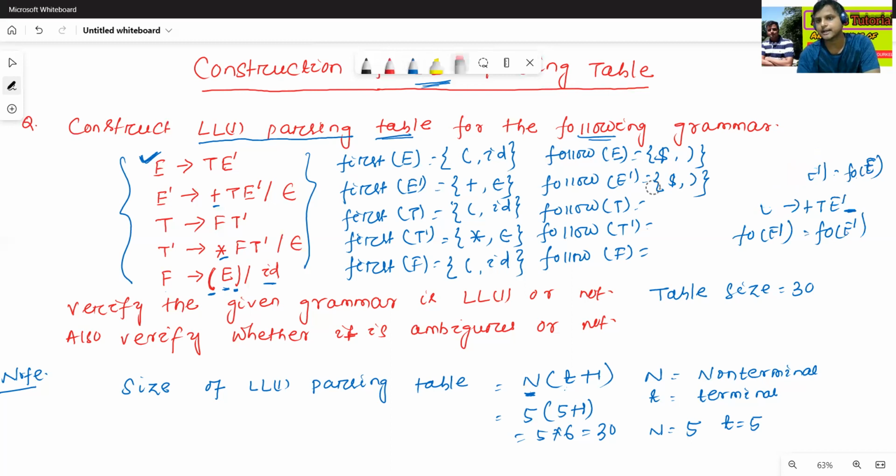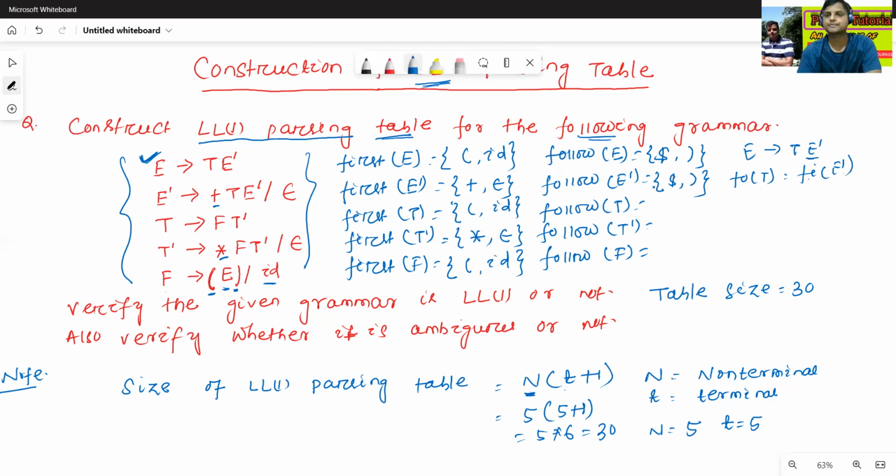Now I am erasing here. Okay. Now we'll find follow of T. Where is T on the right side? See, this is the first production, E → T E prime. There is something on the right side of T, so follow of T is first of E prime. First of E prime equals plus and epsilon.